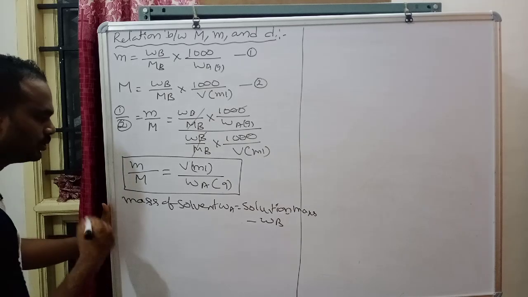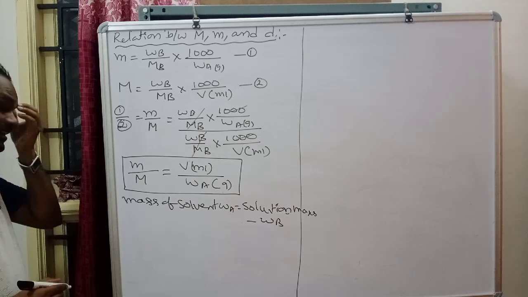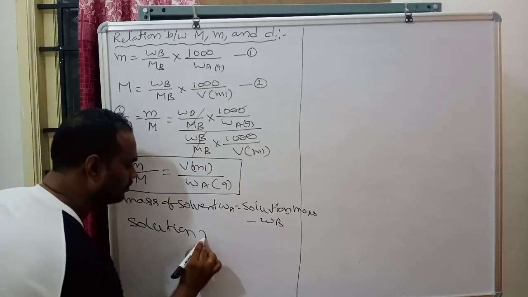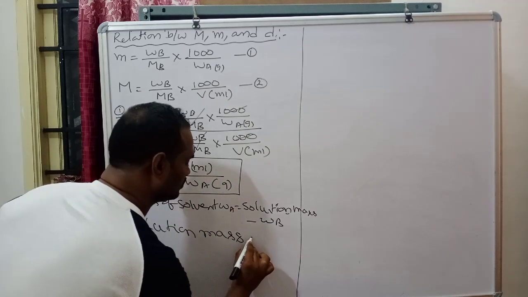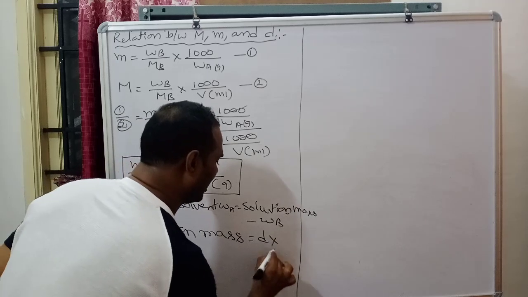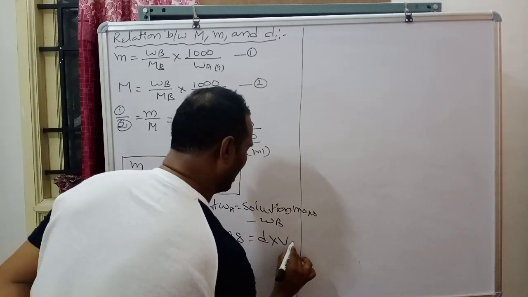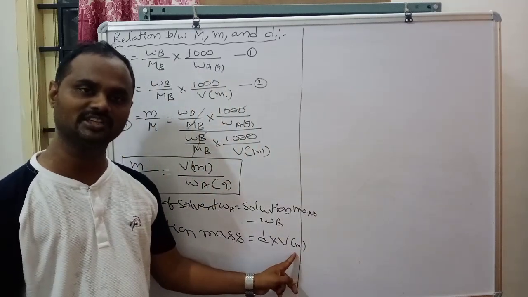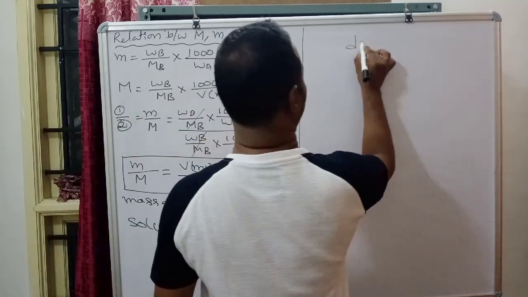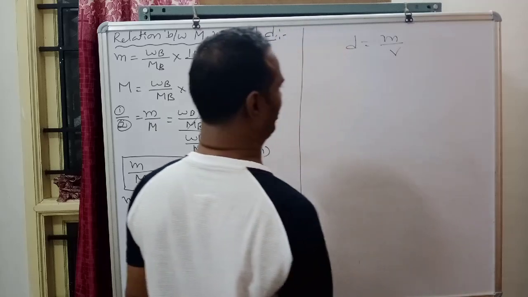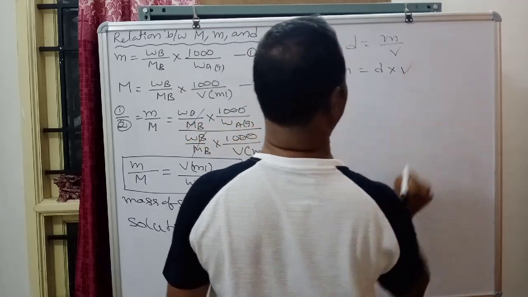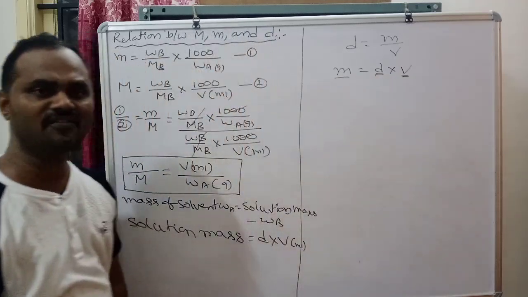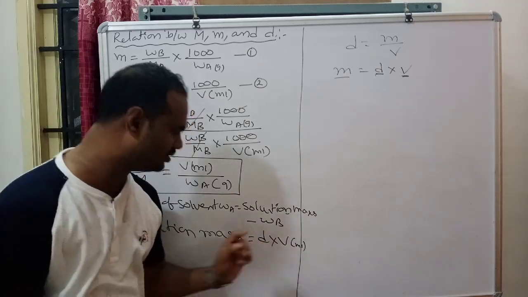The solution mass can be calculated from the density. Mass of solution is equal to density of solution into volume of solution, since density is mass per unit volume and therefore mass is density into volume. Is it clear?